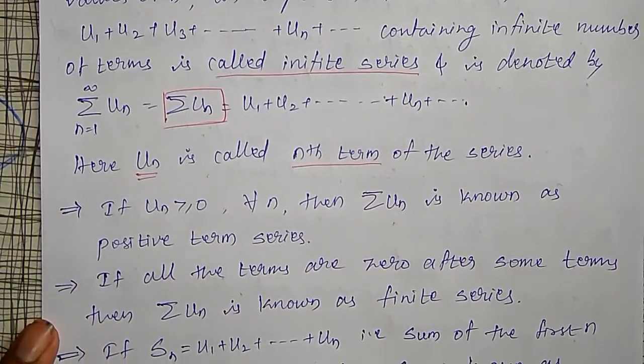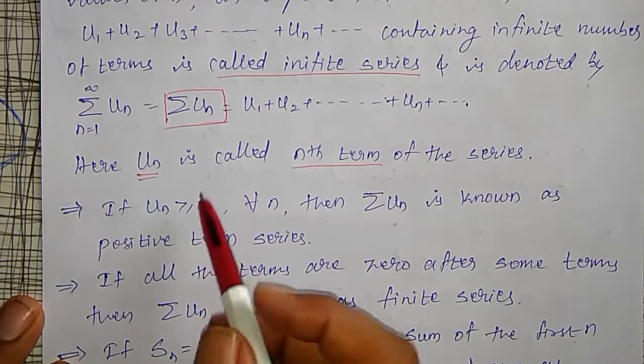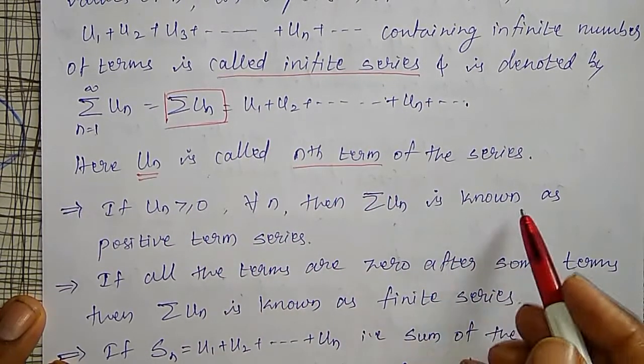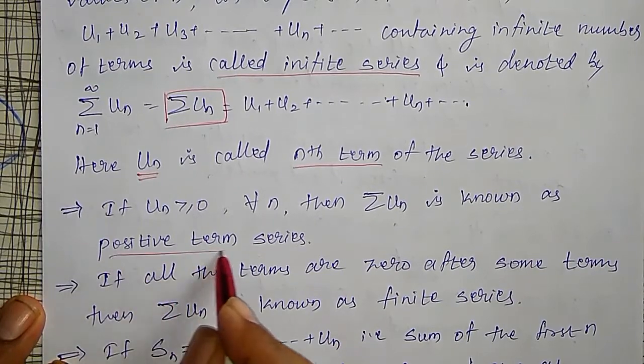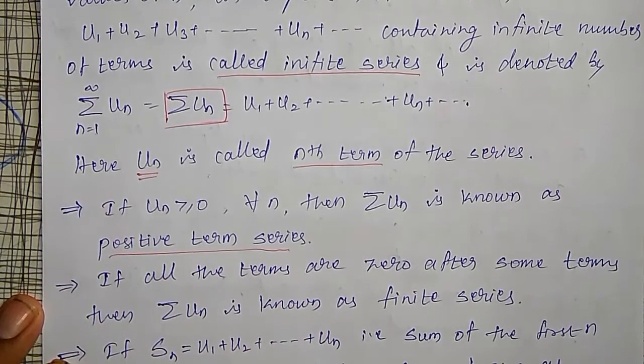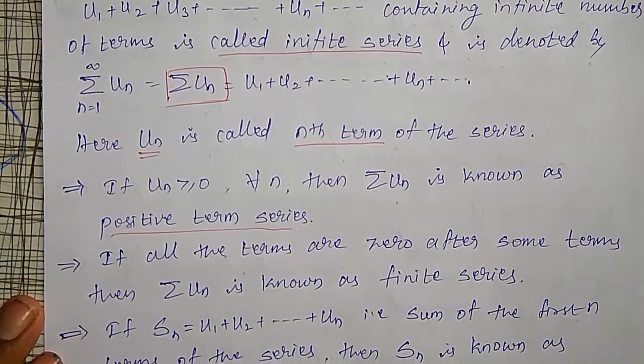Next, some basic definitions. If each term un is greater than or equal to 0, that is, each term is positive for all n, then it is known as a positive term series. In this video and throughout this infinite series topic, we are going to discuss only positive term series.